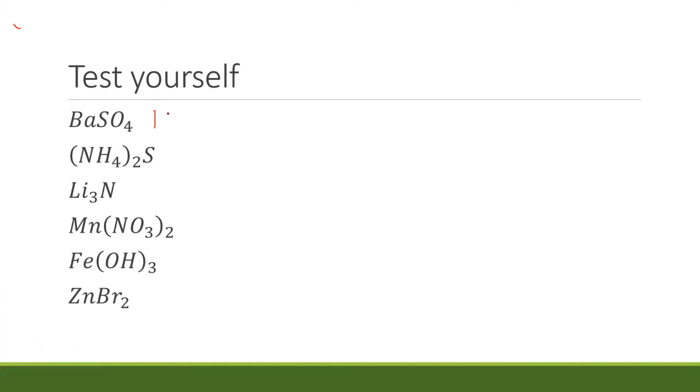I don't know. You're right. It's not because of the Ba. Sulfate is almost always soluble, but Ba is one of the exceptions. So therefore, it's insoluble. Who wants to tell me for ammonium sulfide, soluble or insoluble?